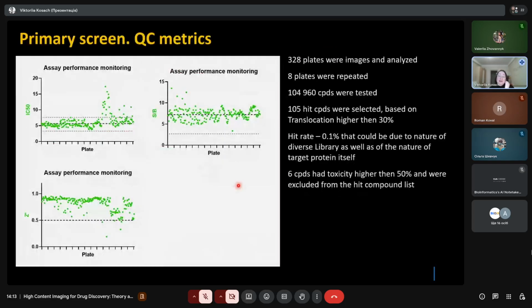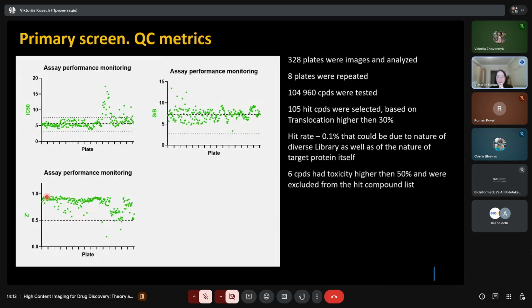And the results, the conclusions. On the graphs here, you can see IC50. Each dot corresponds to a tested plate. So here we have around 300 plates, signal to background, and Z factor. Our threshold for Z factor, as you remember, is 0.5.